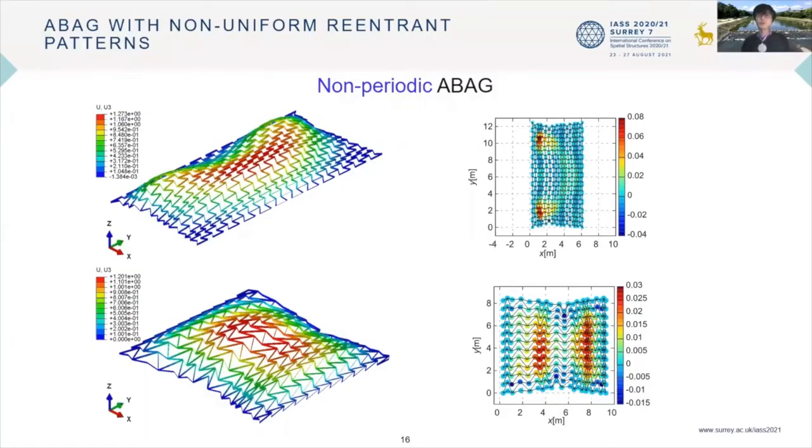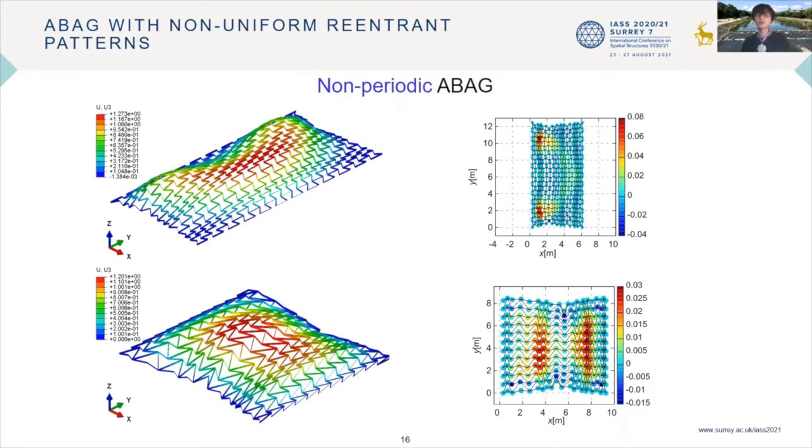Here is an example of an ABAG surface composed of non-uniform units, where the contours in the xy plane show the values of the discrete Gaussian curvature. Non-periodic ABAGs generate surfaces that are symmetric with respect to a plane parallel to the xz plane.